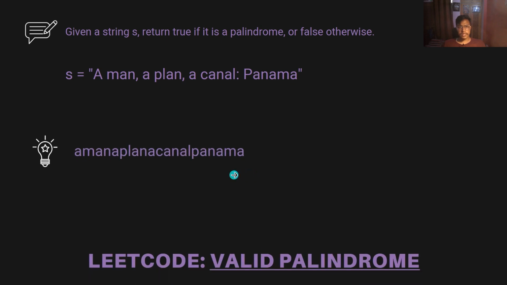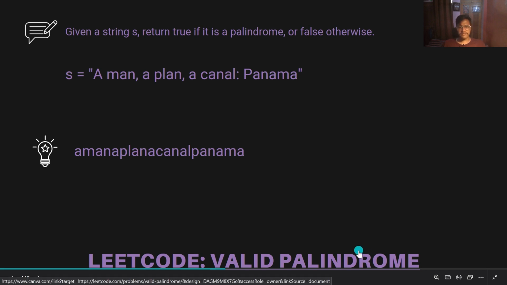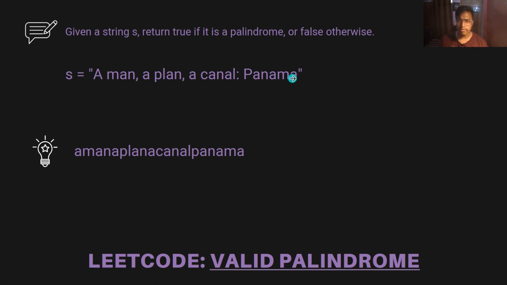So this is on day 4. This question is called valid palindrome, and this is one of the very easiest questions which I have encountered till now. You are just given a string, and you have to check if the non-alphanumeric, non-uppercase version of that string is a palindrome or not.